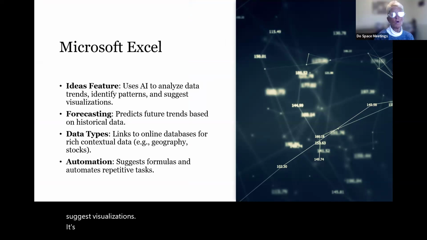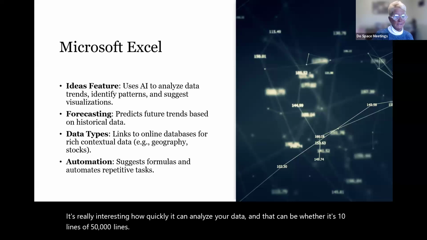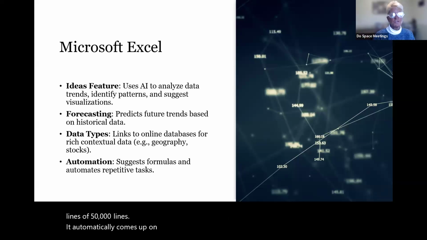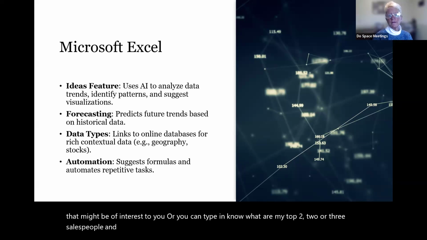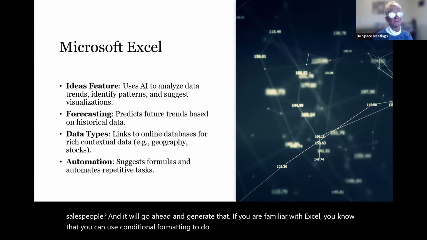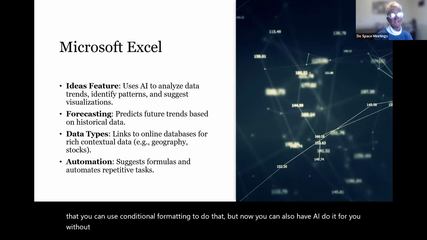It's really interesting how quickly it can analyze your data, whether it's 10 lines or 50,000 lines. It automatically comes up on the side and says, hey, here's some things that we pulled out that might be of interest to you. Or you can type in, what are my top two or three salespeople, and it will generate that. If you are familiar with Excel, you can use conditional formatting to do that, but now you can also have AI do it for you without going through that process.